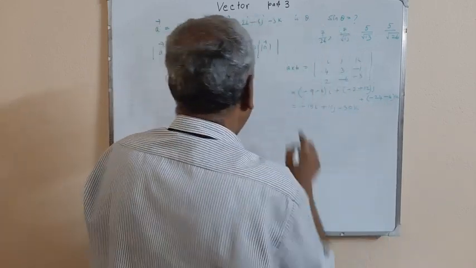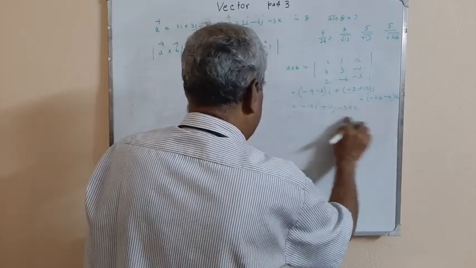This is the A cross B vector. It is a vector.